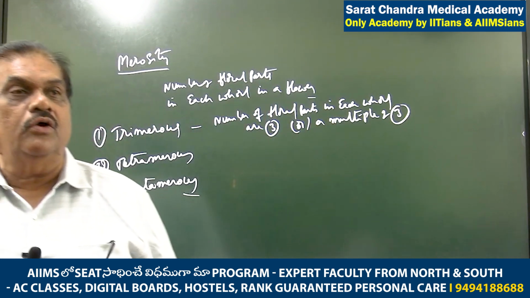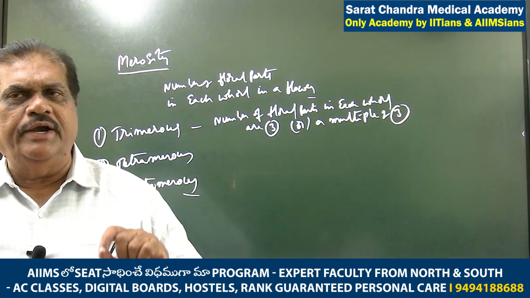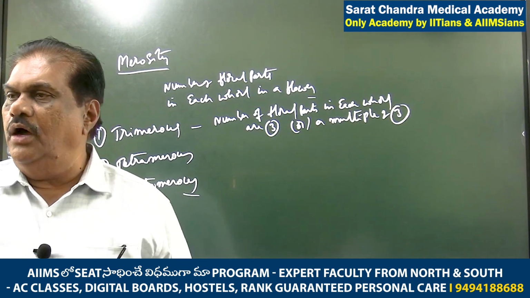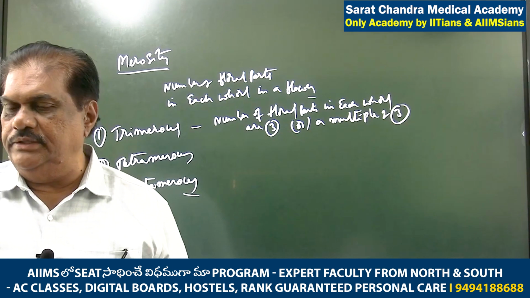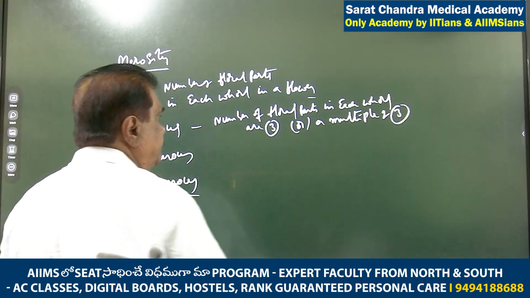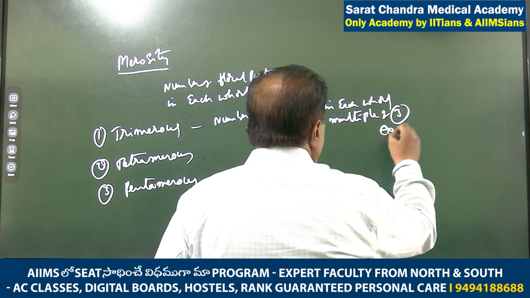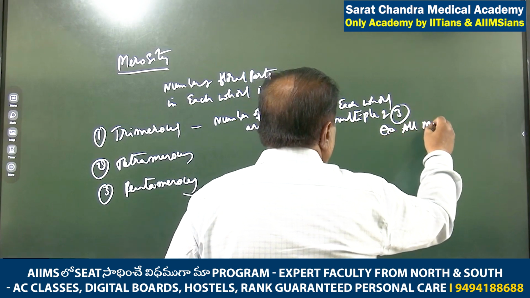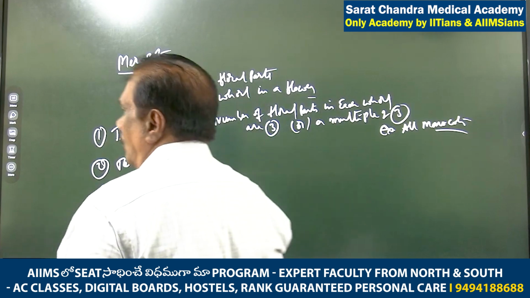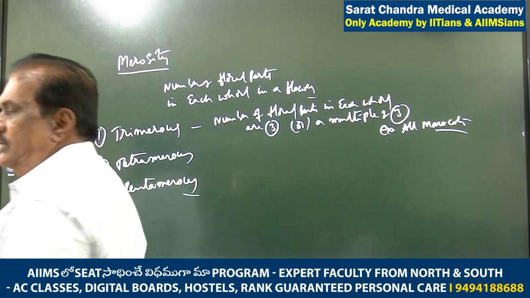Such kind of flowers are called trimerous. The trimerous condition is the characteristic feature of all monocots. All monocots show a trimerous condition. All monocots have trimerous flowers.